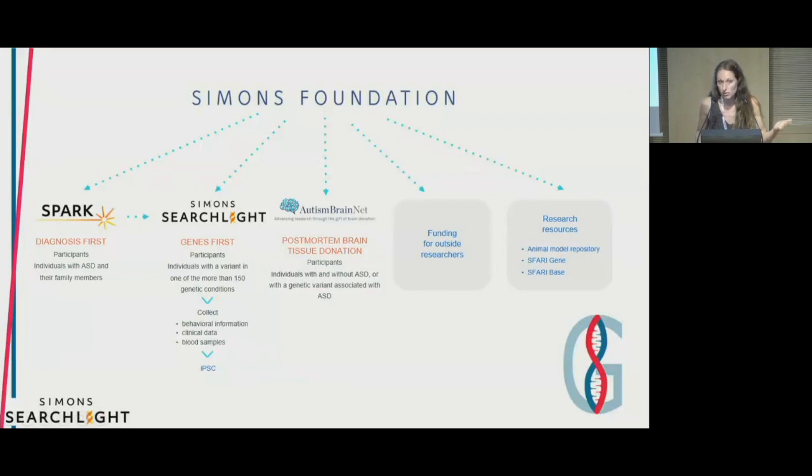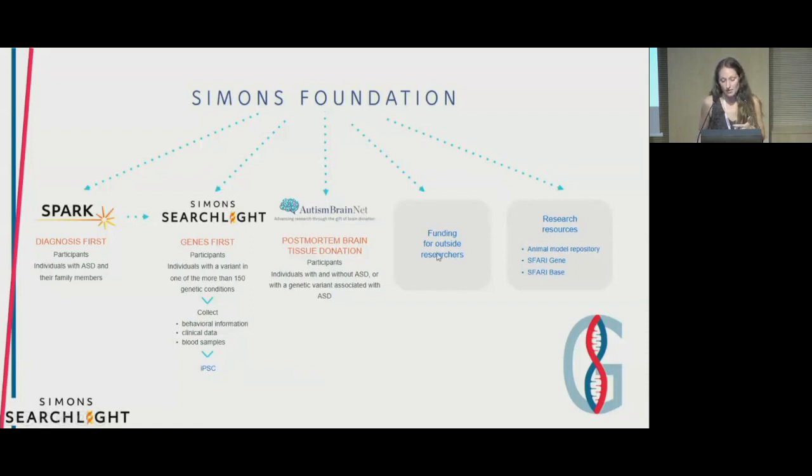And anyone with a GRIN related disorder gene that's on our list is sent Simons Searchlight information to come and participate in Searchlight. We also have Autism BrainNet, so that's post-mortem brain tissue that's collected, and we run in the US, Canada, and the UK right now. So researchers can also come and request samples from individuals with these rare genetic conditions.